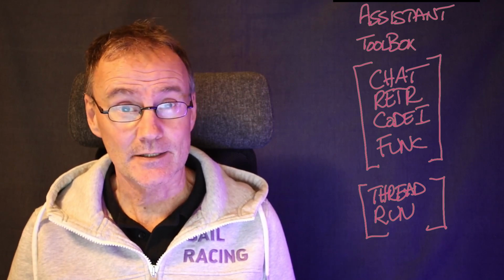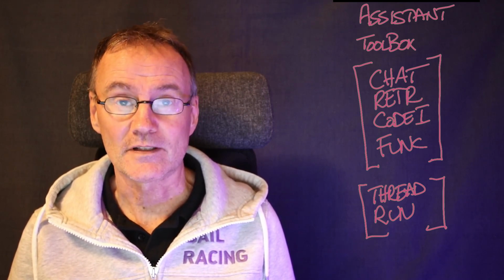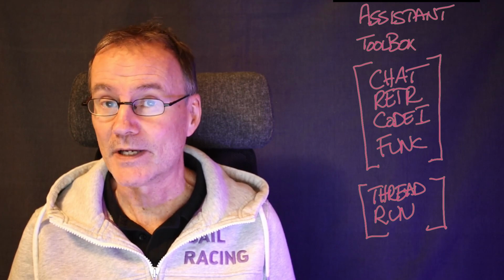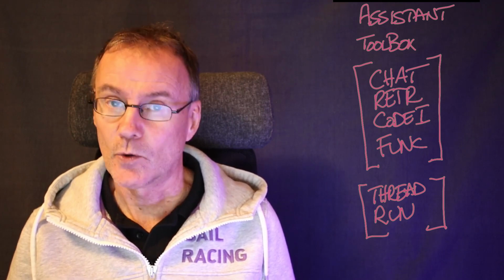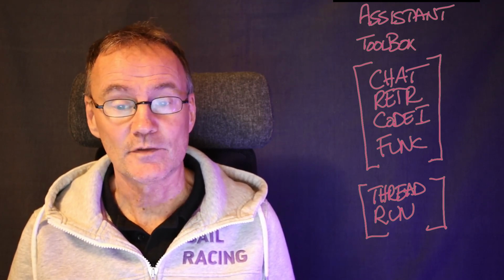Then you can either create your assistant using the OpenAI webpage or playground, or you can set it up using API calls. The playground is very nice to use in the beginning. And then your assistant is ready to be run.